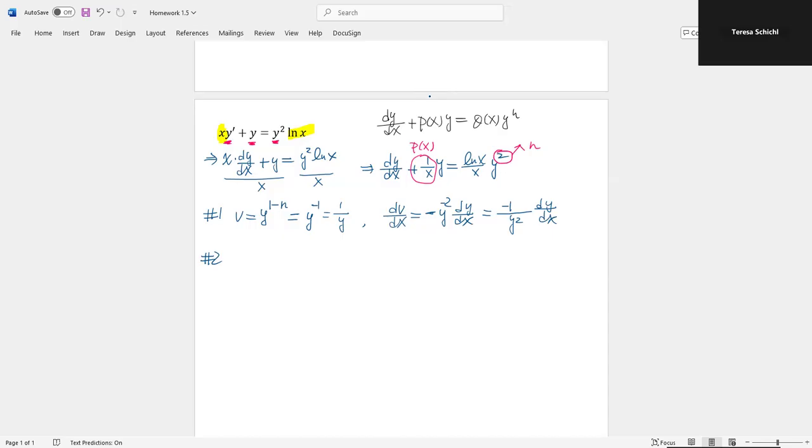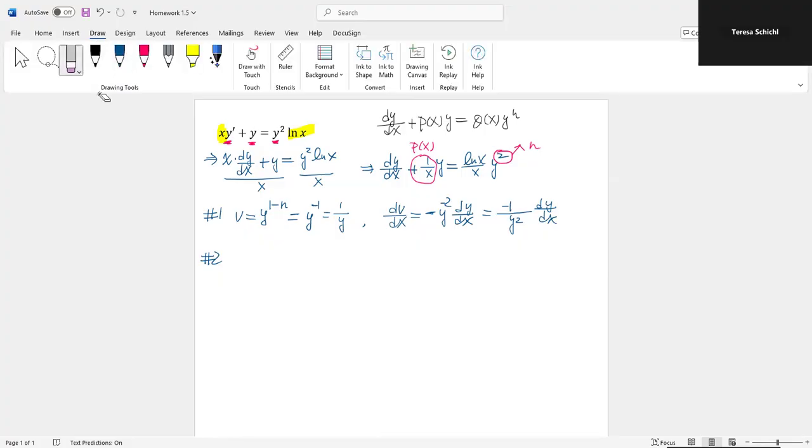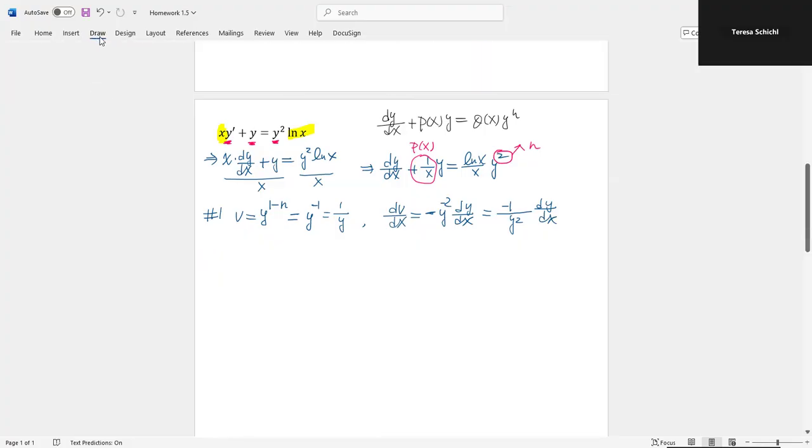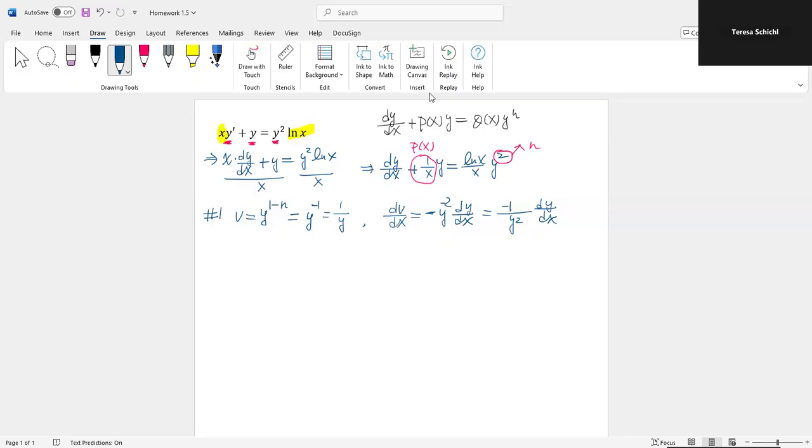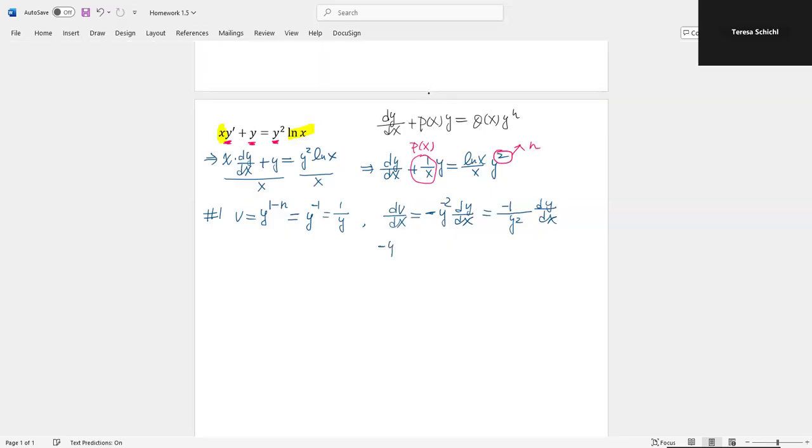That means I need to multiply both sides by negative y squared, so negative y squared dv/dx equals dy/dx.